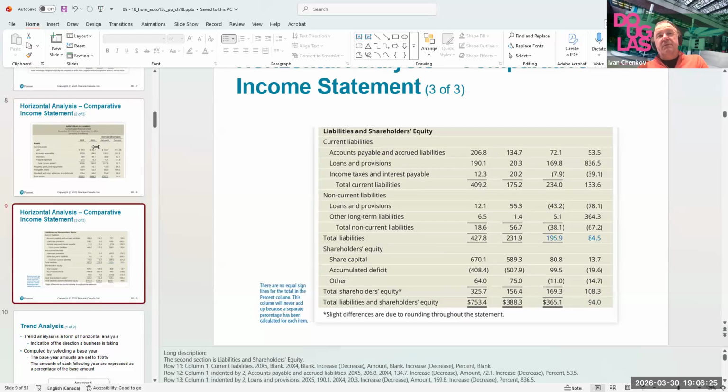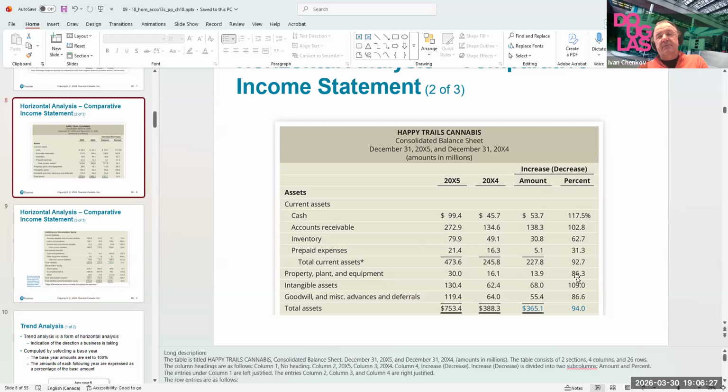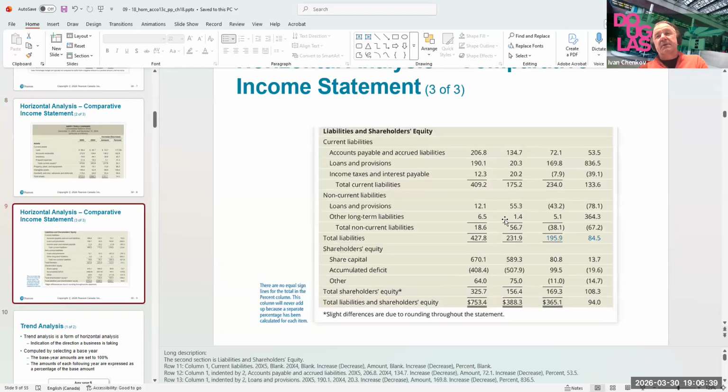And the same thing once we finish with the assets and compare the total assets of the current year and the past year, and we find that our total assets increased by 94%, then we can see the same increase in total liabilities and shareholders' equity.